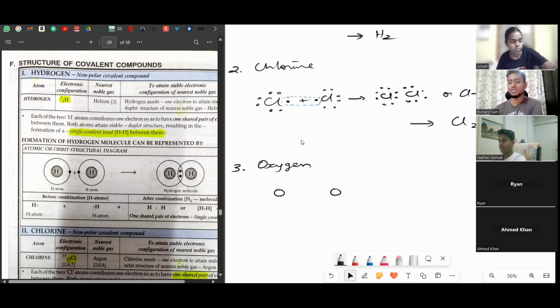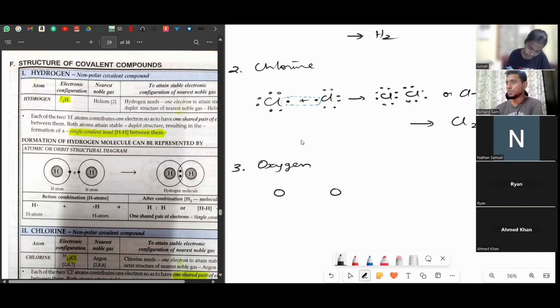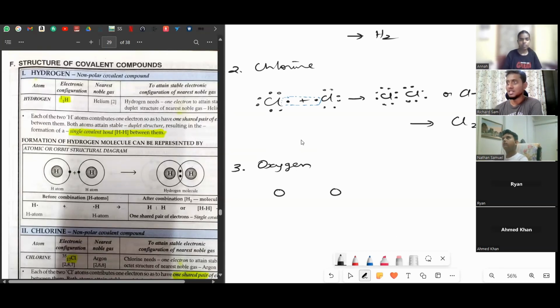Okay, the last one we'll see is oxygen for today. Oxygen has how many electrons in the outermost orbit? 6. So how many does oxygen need now? It needs 2. If it needs 2, it has to share 2. Okay, so the 2 electrons that it's going to share, you draw on the right side of the cell. Whatever is going to be shared, you draw on this side. The remaining, you draw anywhere you want, evenly spaced.